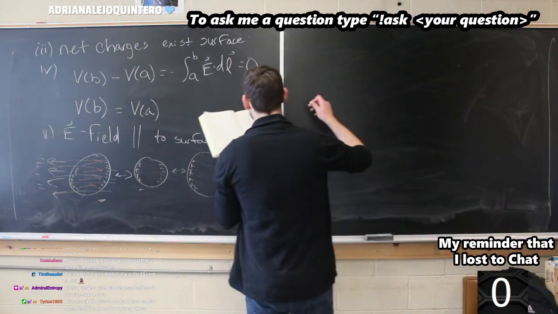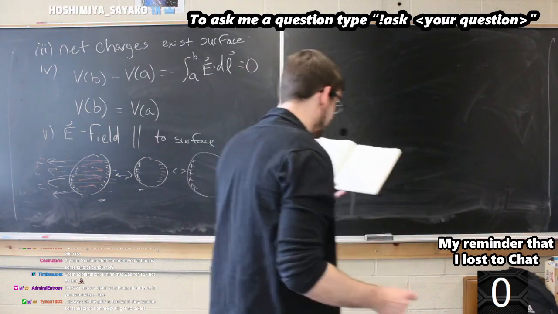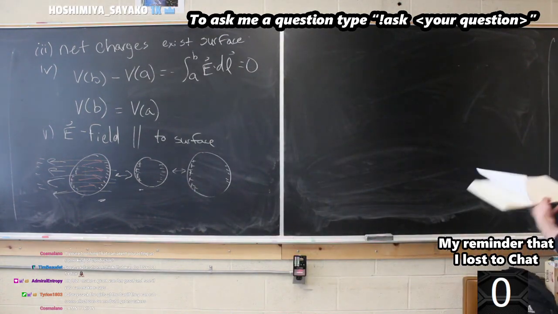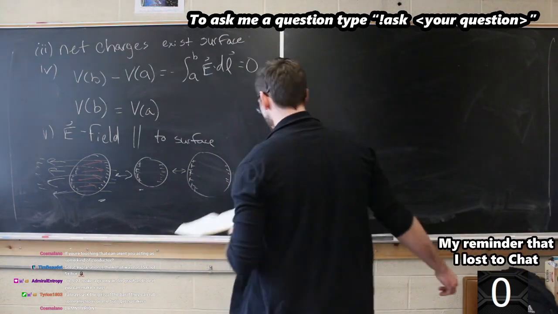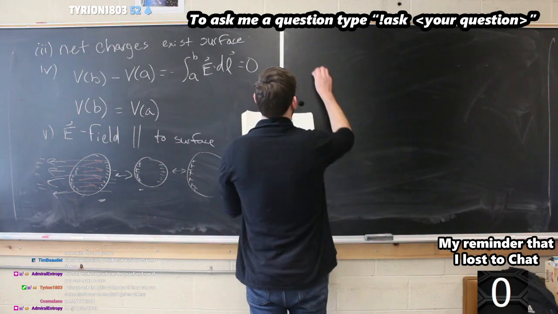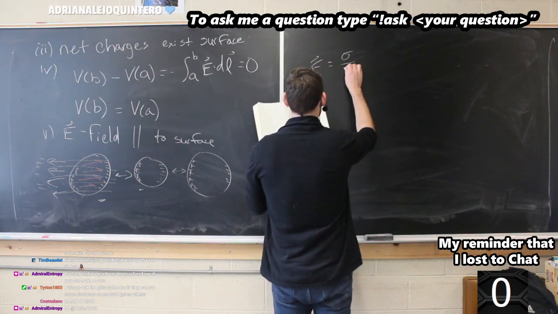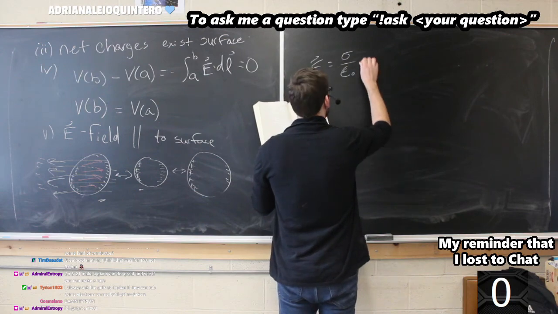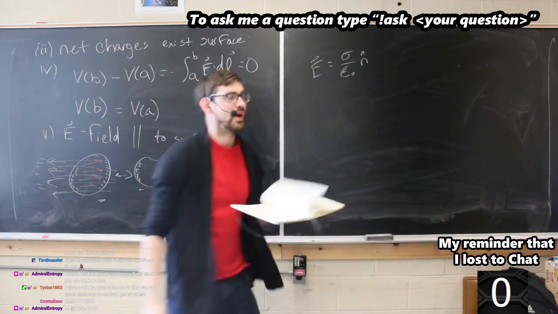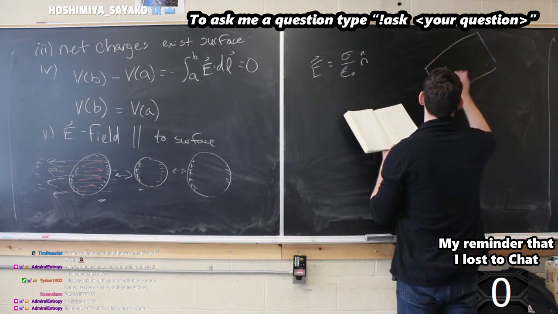So let's talk about a few of the consequences of these surface charges, of these induced charges. The E field outside the conductor, of course, is perpendicular to the conductor, and it's going to be sigma over epsilon naught times n hat. Specifically we're talking about a sheet; I should have specified the shape.